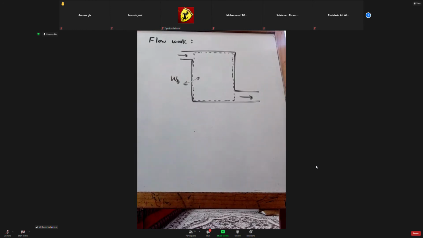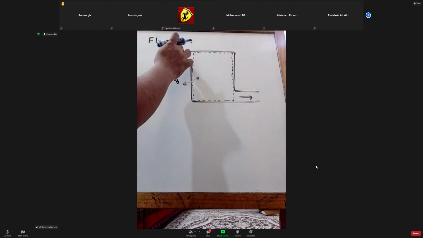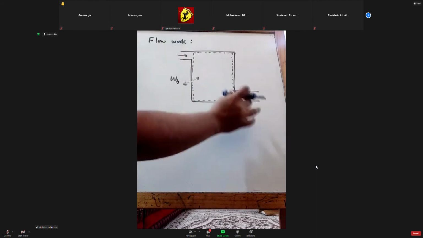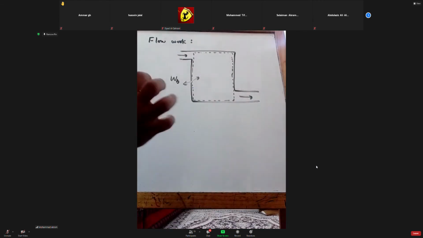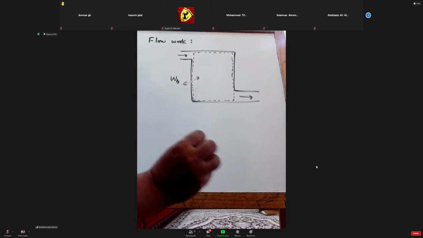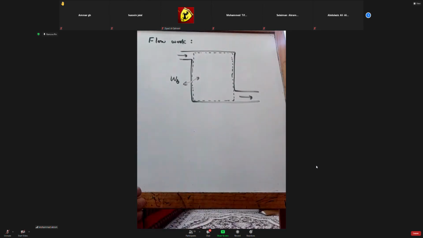But what I'm explaining now is the flow work. Flow work means some mass is coming in and going out, so we need some work to push this mass inside and to get mass out.